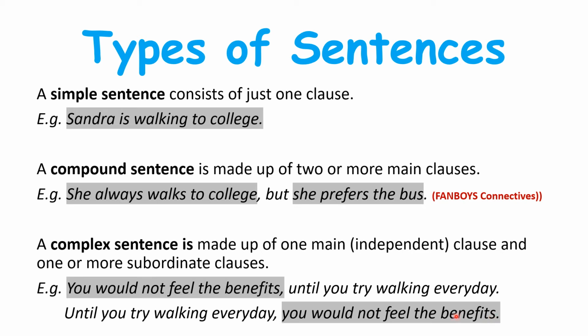So in summary, we have simple sentence which contains one simple clause, compound that is made up of two clauses joined together with a FANBOYS connective, and a complex sentence made up of a main clause which is independent and a subordinate clause which is dependent on the main clause to make sense.